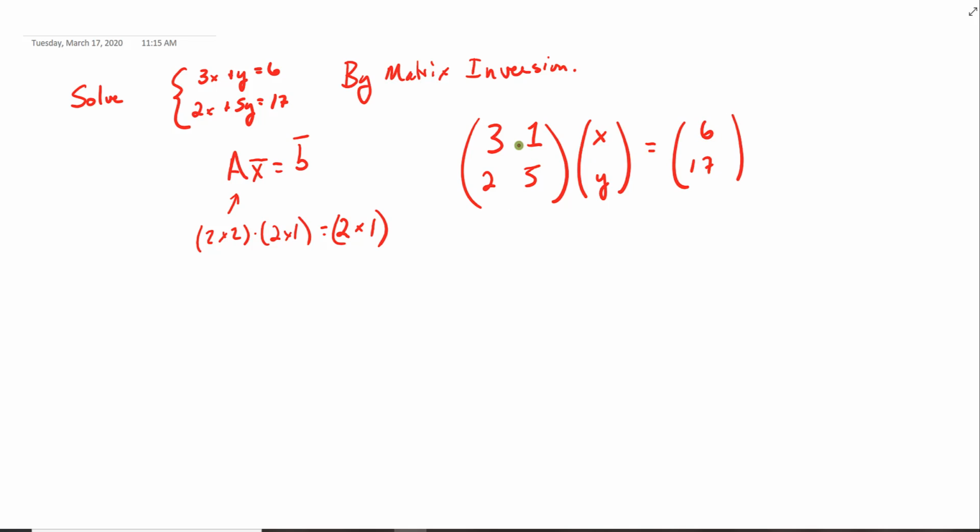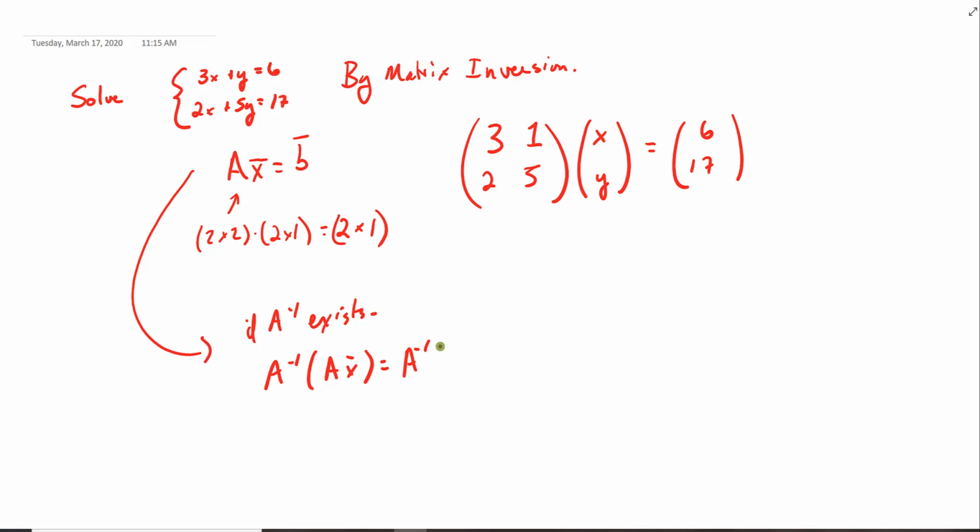And if we can invert this matrix, then we will simply multiply both sides of this equation by the matrix inverse. That is, if A inverse exists, what can we do? Well, we can multiply the left-hand side by A inverse and the right-hand side by A inverse.